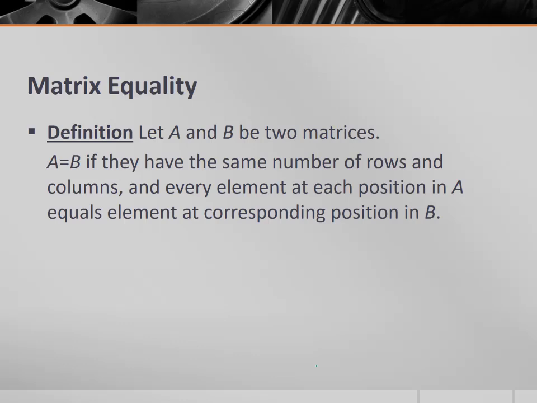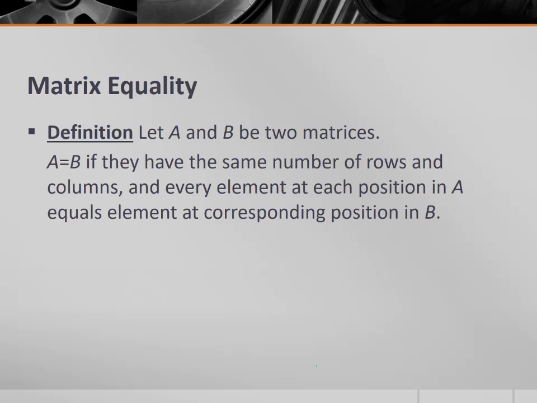Let's talk about matrix equality. With numbers, for example, 3 equals 3. But for two matrices A and B, if they are equal, first, they must have the same number of rows and columns.